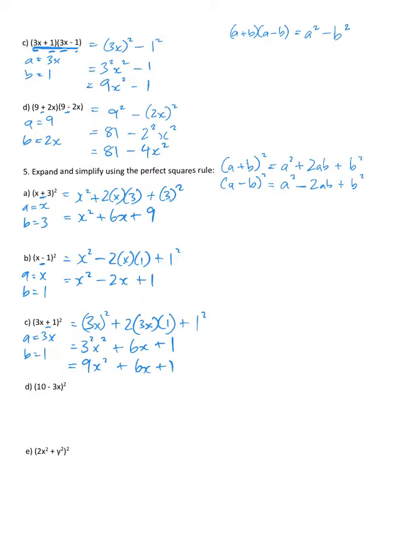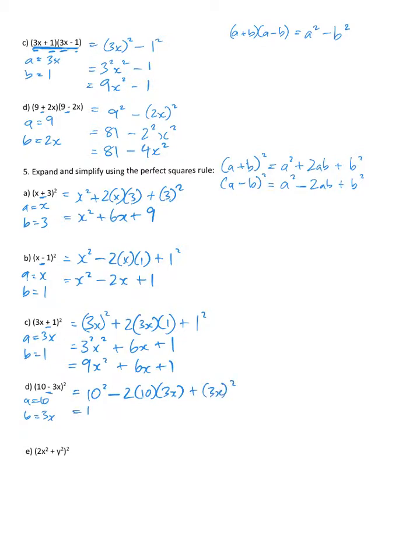Next one here, you have subtraction, so it's the second shortcut. A is 10 and B is 3x. So it is a squared, which is 10, taking two lots of AB. A was 10, B was 3x, and adding b squared and b was 3x, and you're squaring the whole thing.